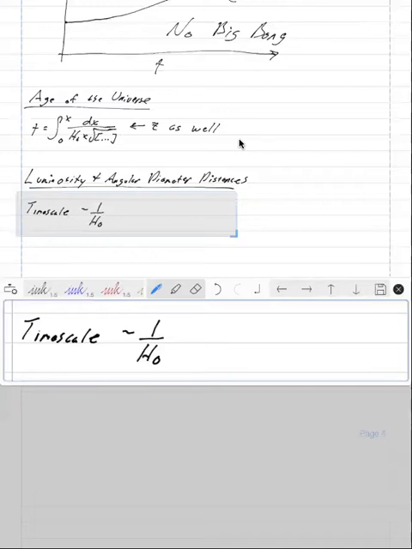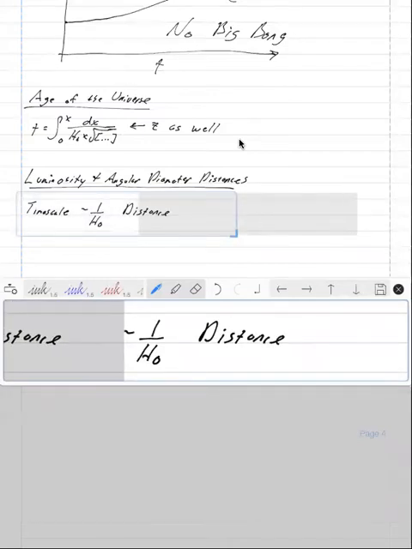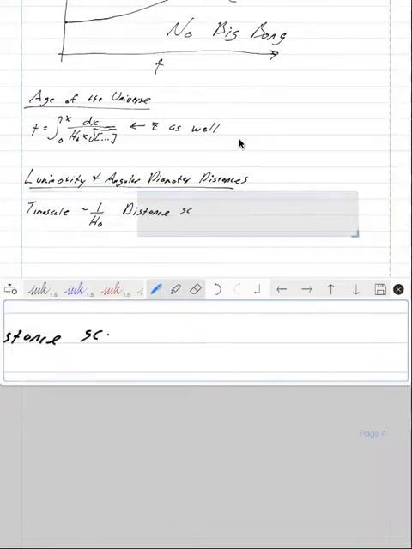But the details of the multi-component universe go into calculating that dimensionless constant that comes from the integral. Similarly, when we do these distances, we're going to find that there is going to be an integral, and it's going to be dimensionless. And in front of that dimensionless integral, there will be a distance scale that will be of order c over h naught, or the Hubble distance.